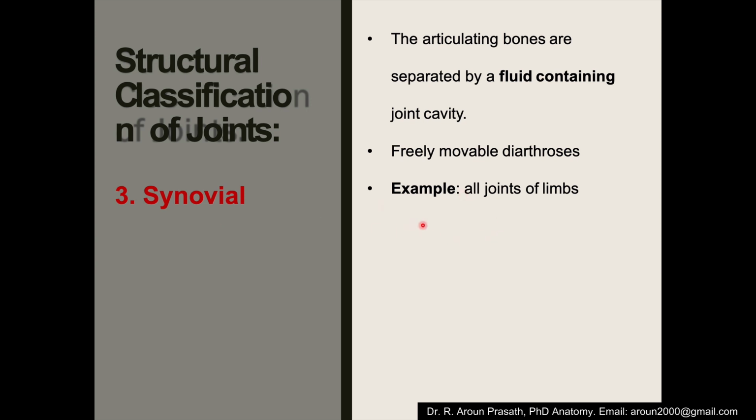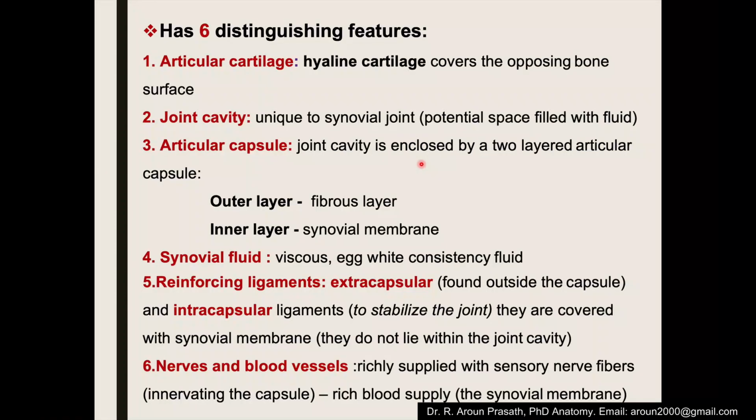In fact, free movement is allowed. We will see that in detail. So, coming to a typical synovial joint, it may be a joint in the shoulder or the elbow or the hip or the knee or the ankle or the phalanges or anywhere, any synovial joint. All the synovial joints have certain characteristic features.